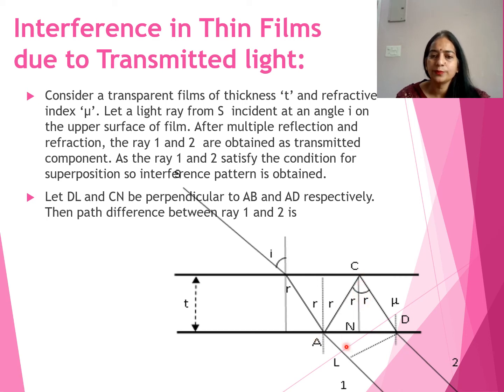These angles are known. Now, when light emerges out from the thin film, it makes the same angle at which it was incident. If this angle is i, then this is also i. This is 90, this is 90 minus i, so it is also i.